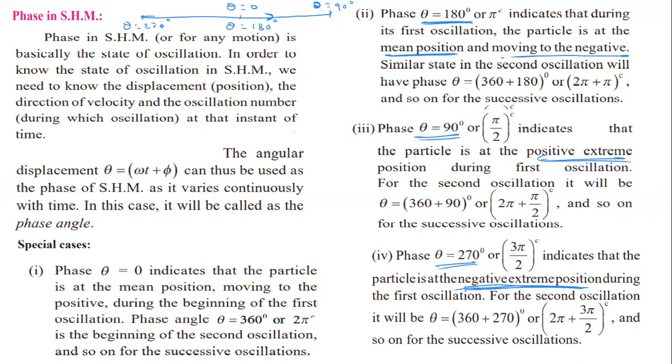Again it comes to this point, starts moving to this side and comes here. Then theta is 270 plus 90, which is 360. 360 means it is at the mean position and the beginning of the second oscillation, and so on.